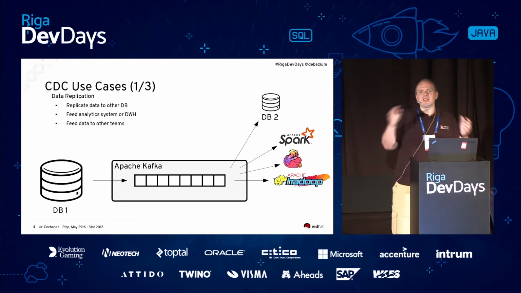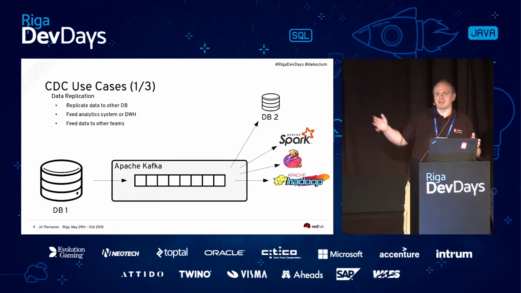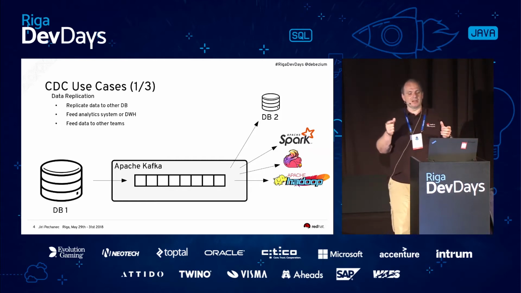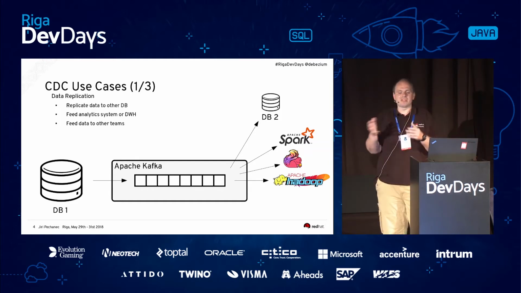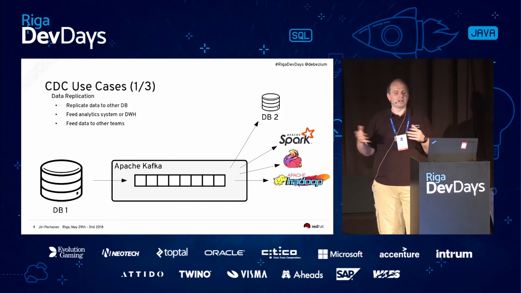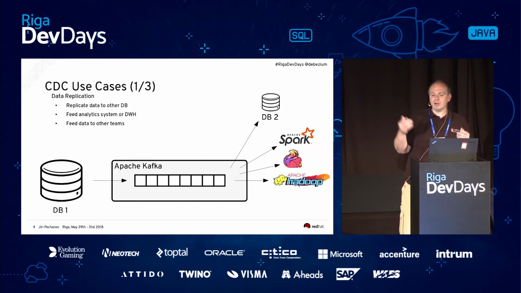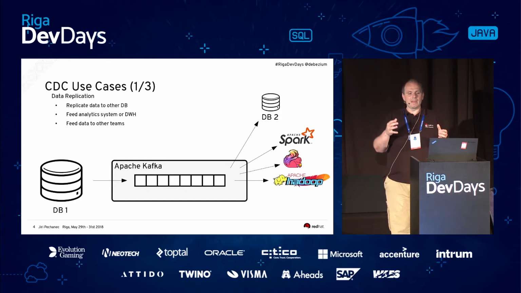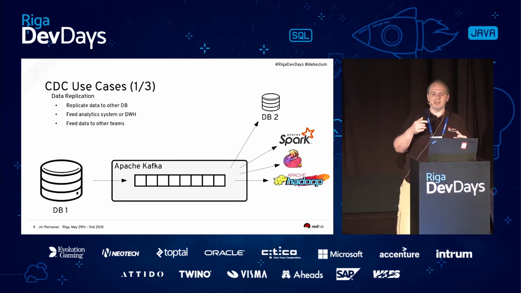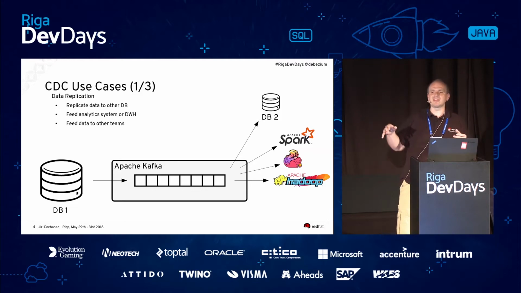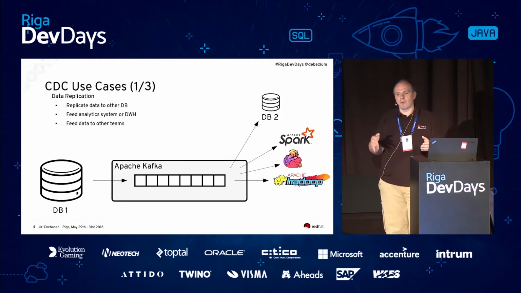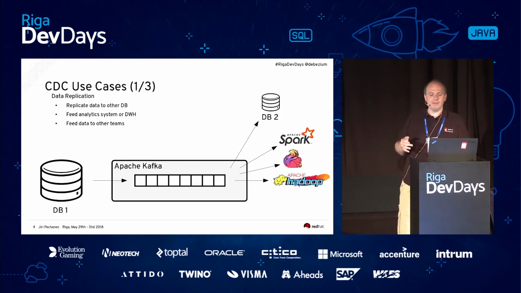Those systems can be just another database. So we can think about it like replication from, for example, MySQL to Postgres, which is something that can't be done directly. Or we can read our data and feed those data into downstream warehouse or analytical systems for further processing, for deep learning and similar stuff.